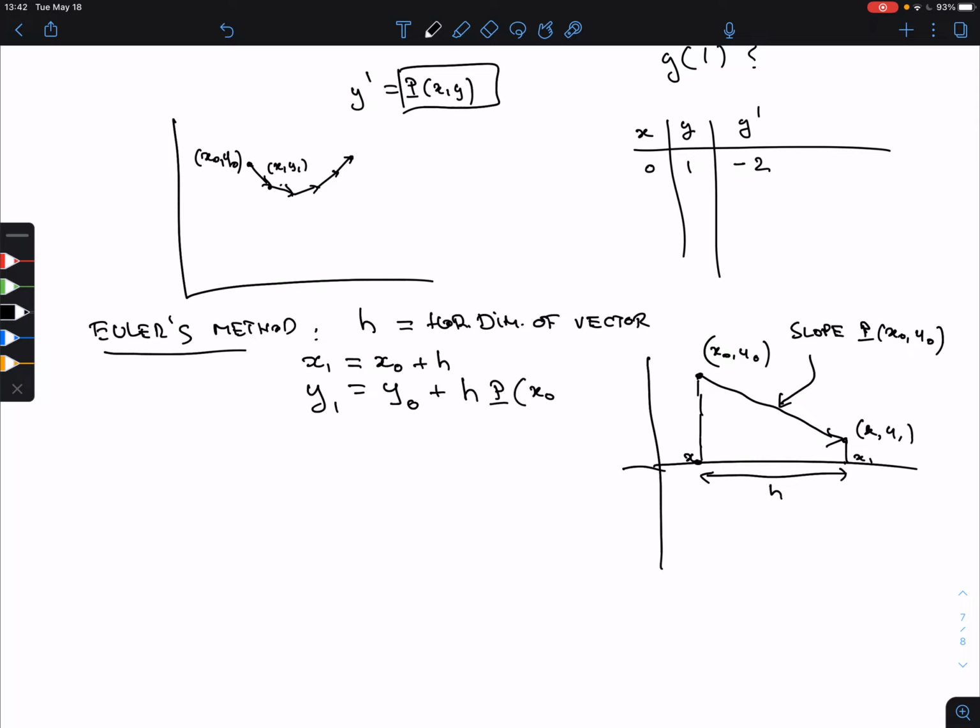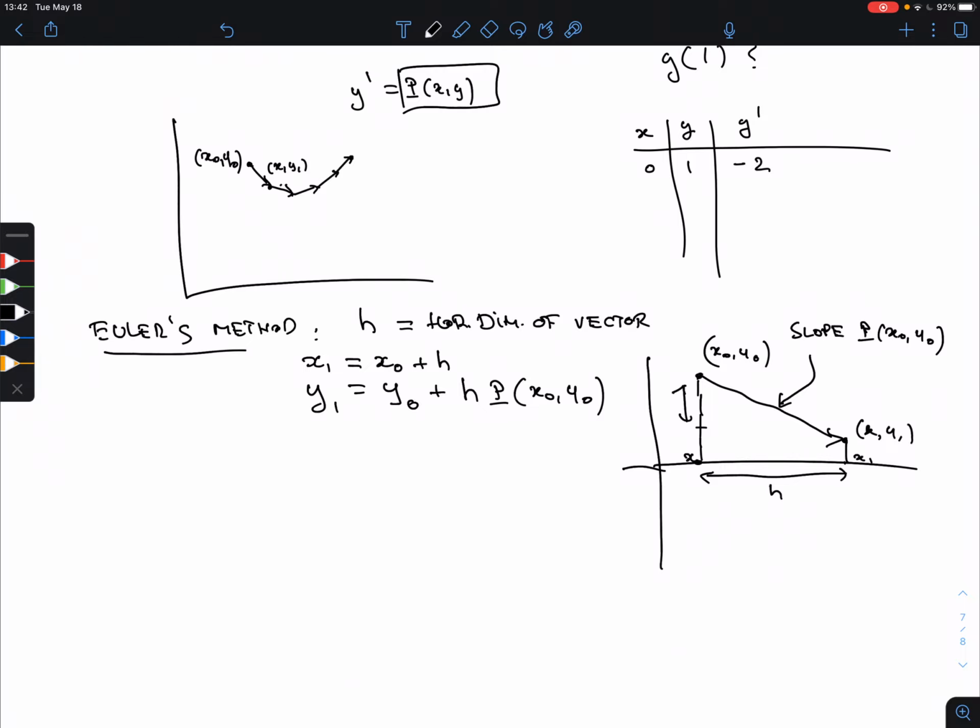And this is our formula: y1 equals y0 plus h times the slope. So we go h units in the direction of the slope, and that is this distance here, and that is where we end up.